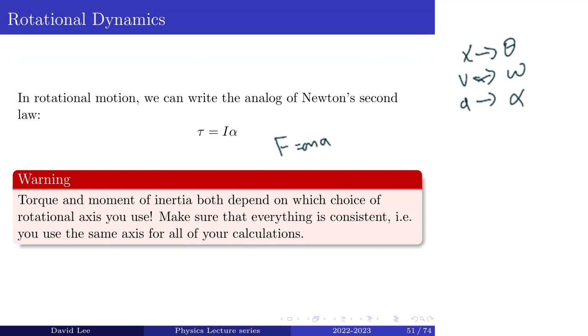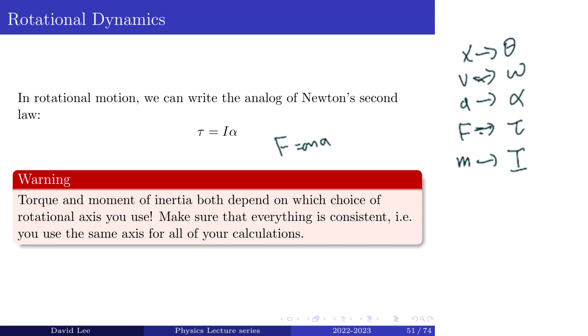So now all we have to do is just say translational force is going to become torque. And translational mass or translational inertia, which is just the mass, is going to become our rotational inertia.